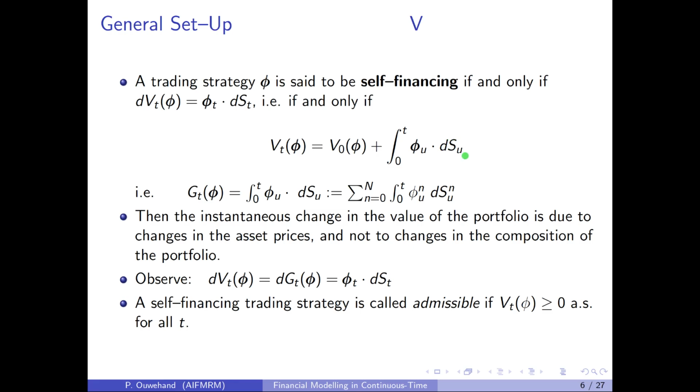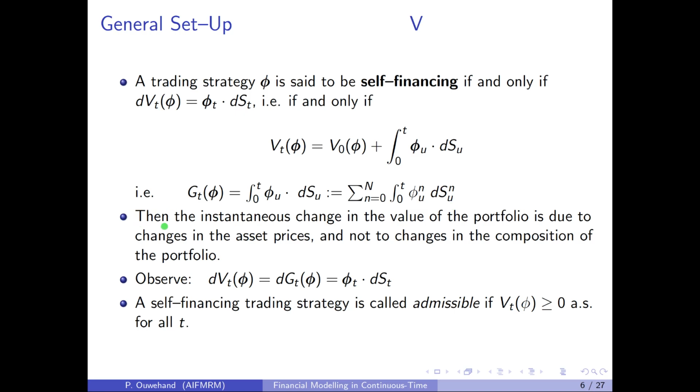Remember here S is multidimensional, so this is a dot product. Equivalently, the gains process is simply the stochastic integral. Because phi and S are vectors here, and this is a dot product, this amounts to saying that the gain on the portfolio phi is equal to the sum of the gains on the individual components of the portfolio using the appropriate stock price.